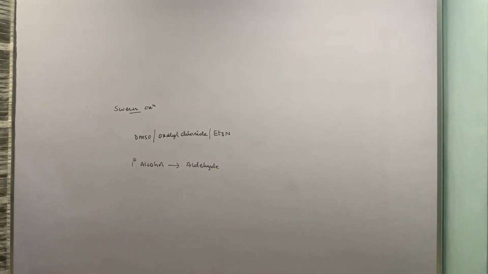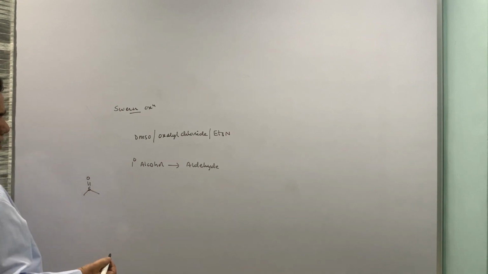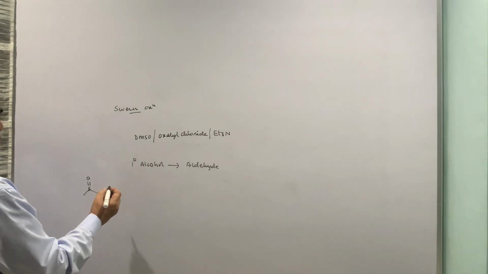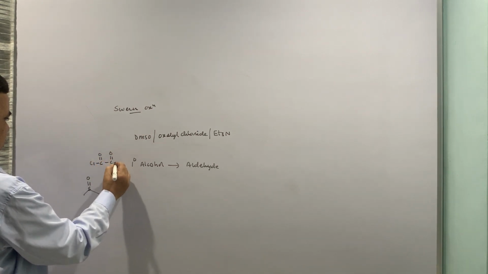So Swern oxidation, DMSO, dimethyl sulfoxide, this is DMSO, reacting with oxalyl chloride, this is oxalyl chloride.